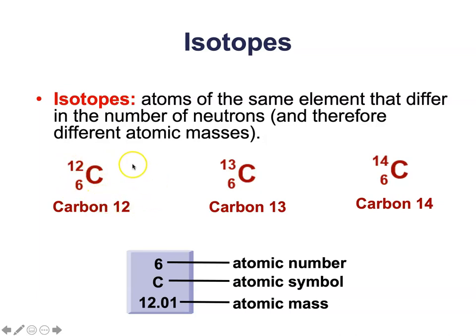That must mean the remaining 6 are neutrons. Carbon-13, on the other hand, has an atomic mass of 13, an atomic number still of 6. If that atomic number changes at any point, we no longer have carbon, we suddenly have nitrogen or oxygen. But if we have an atomic mass of 13, minus the 6 protons, we must have 7 neutrons in carbon-13.